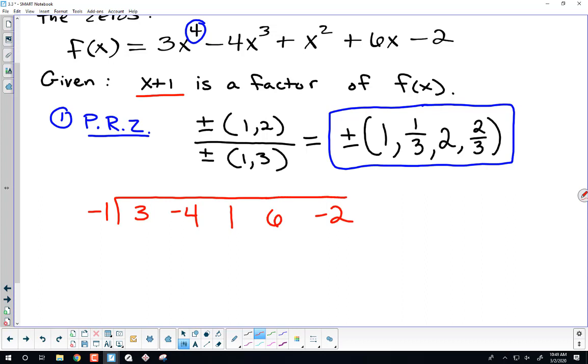Okay, and then we're adding above the line. The first digit, 3, we're just going to drop that.